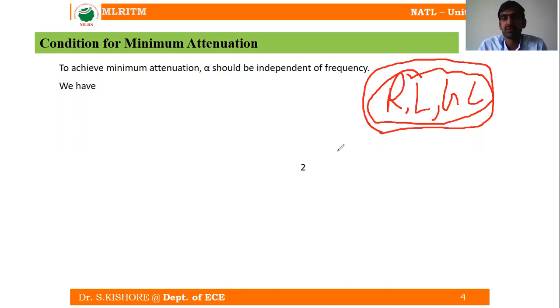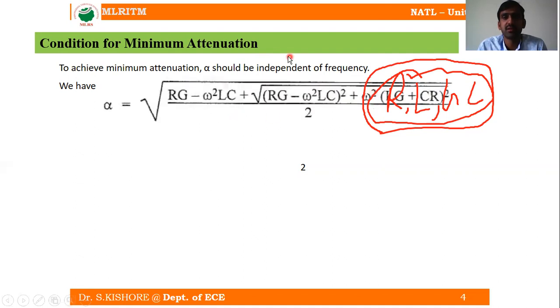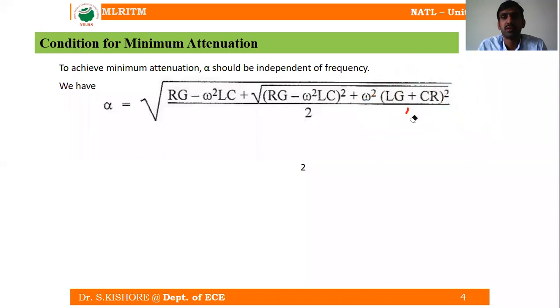So let us take the attenuation constant alpha, which we have already derived. Alpha is equal to the square root of Rg minus omega square Lc plus root over Rg minus omega square Lc whole square plus omega square into Lg plus Rc whole square.